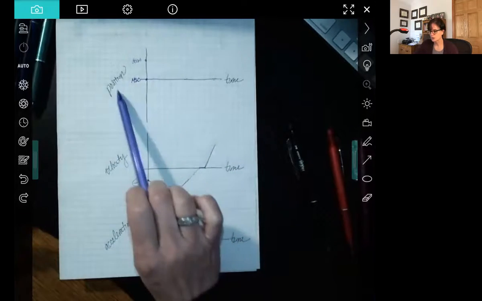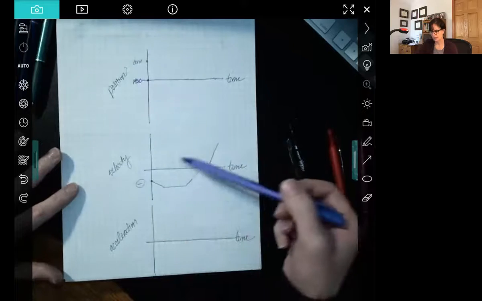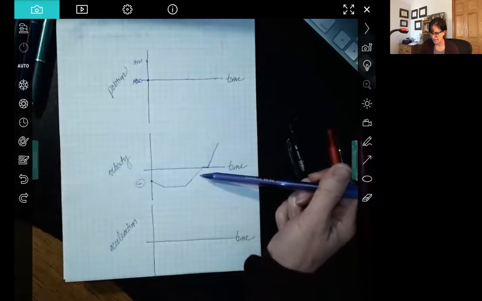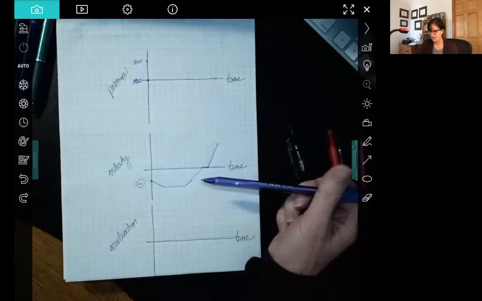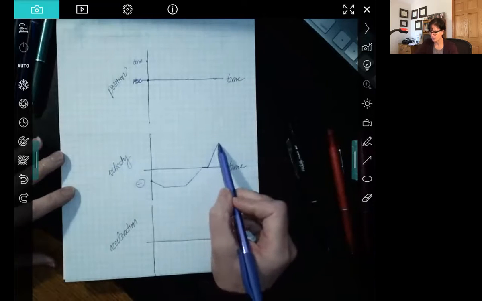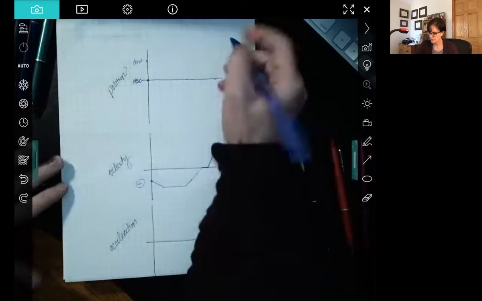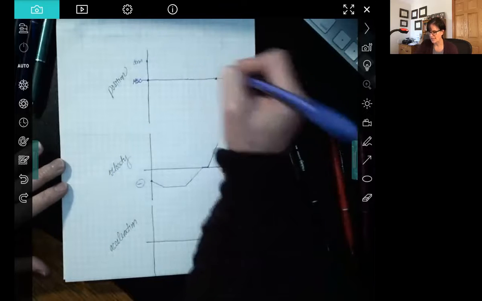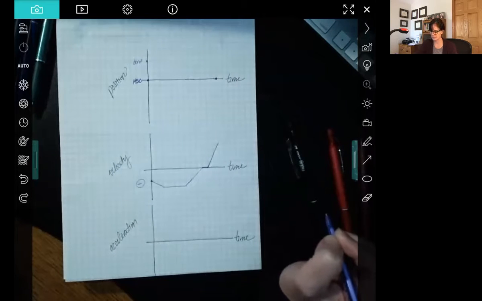Now, I'm going to remind myself where I actually end up at the MSC. And we want to keep in mind that the MSC is where we end up at the very end of our motion. So my position at the end of the motion is going to have to be at the MSC.